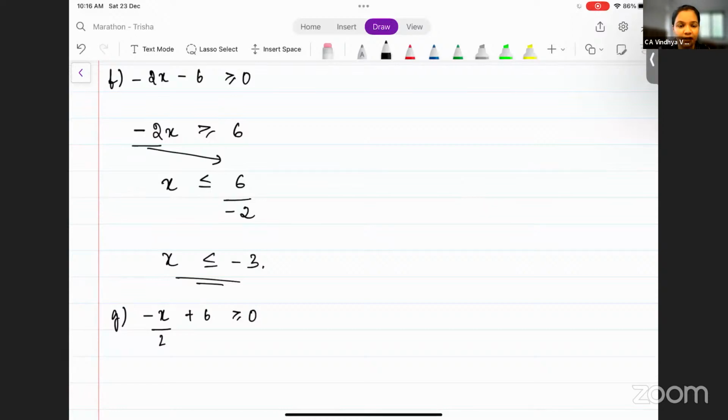Yes. Is this what you get? x lesser than or equal to minus 3. Correct? Yes.